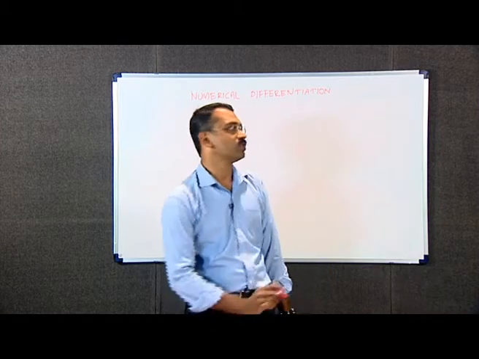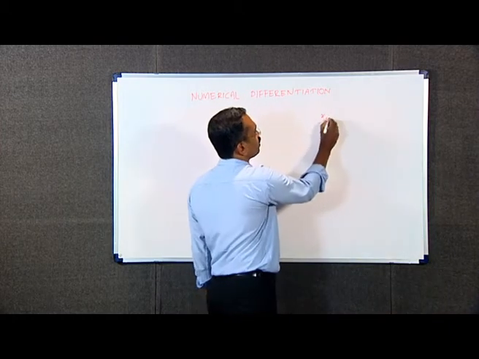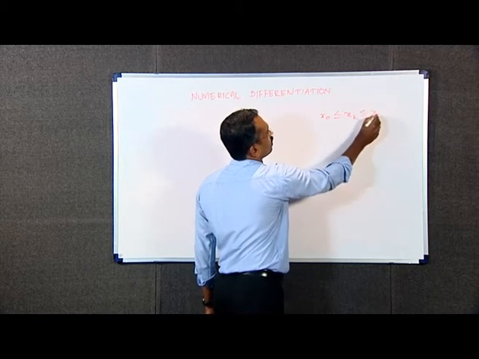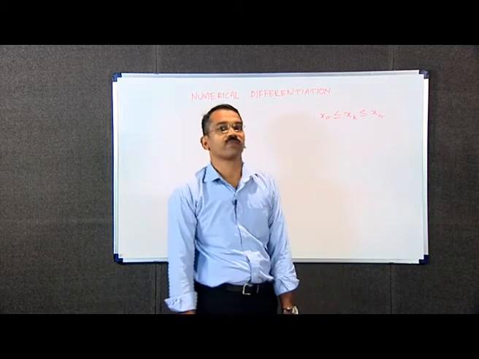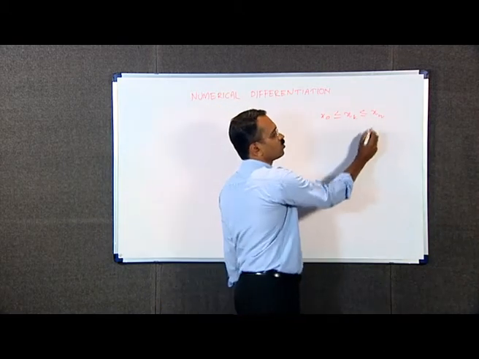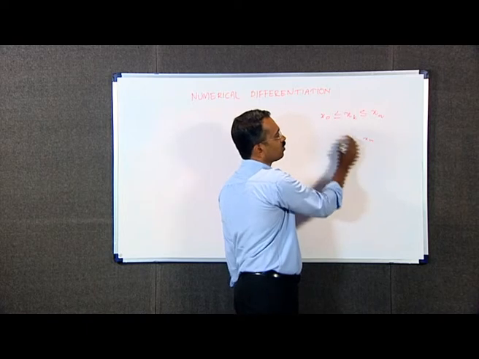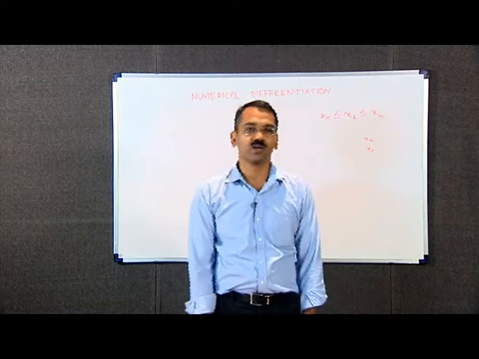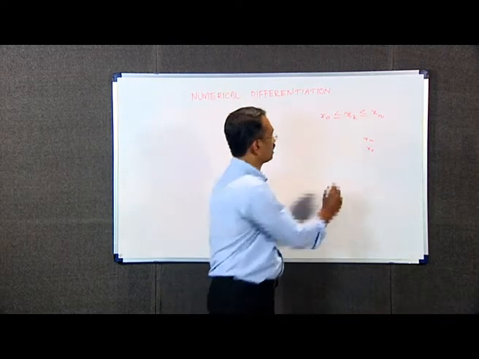where xk lies between x0 and xn, or xk is very close to xn or very close to x0 if it is outside the range x0 to xn.